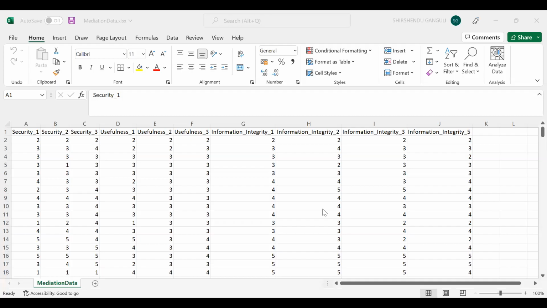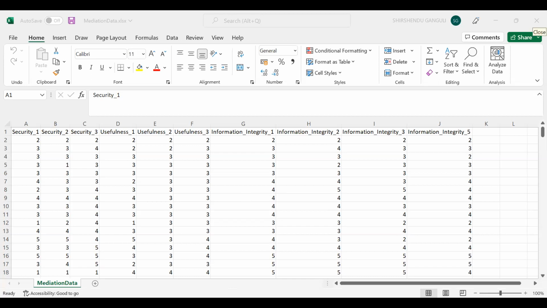I have sent you a mediation data file. This is the mediation data file. There are basically three constructs: security, usefulness, and information integrity.